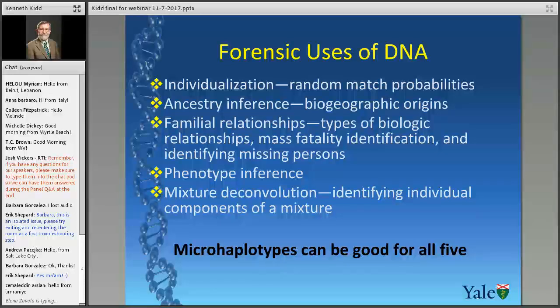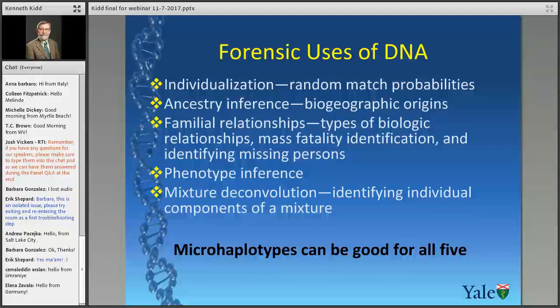Ancestry inference, clearly you're seeing we're beginning to get biogeographic regions around the world clearly distinguished. Familial relationships are reasonable with STRs, but much more difficult with individual SNPs.